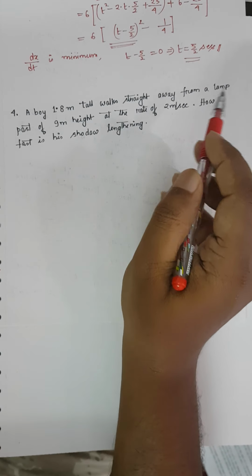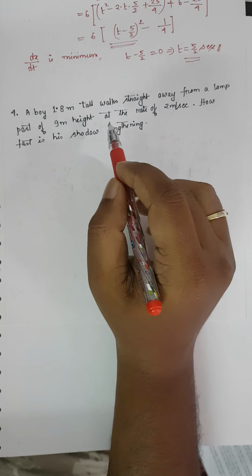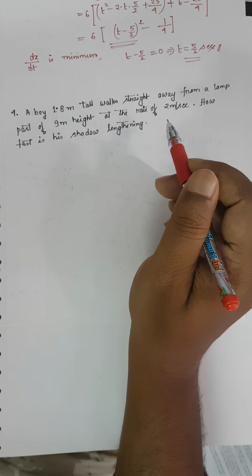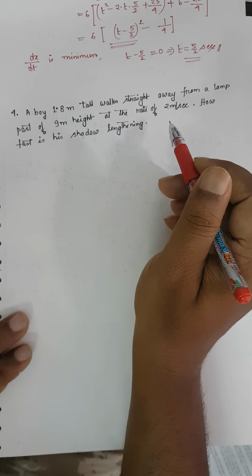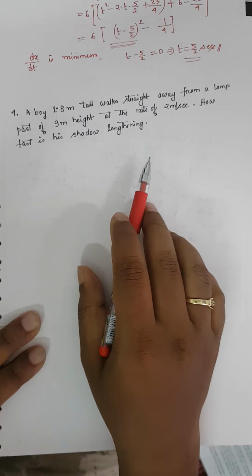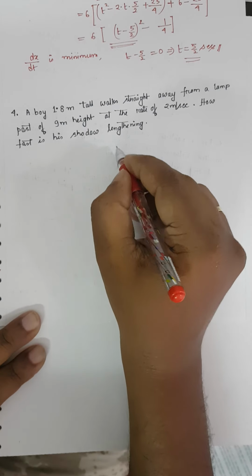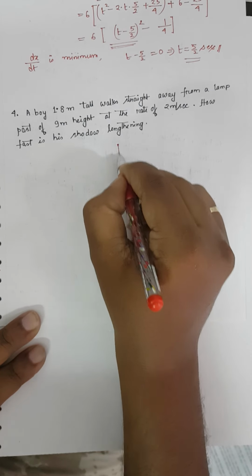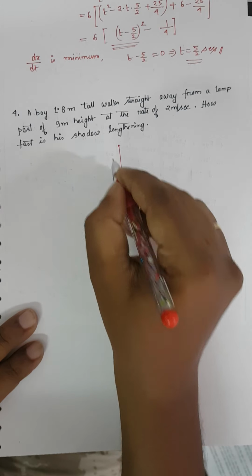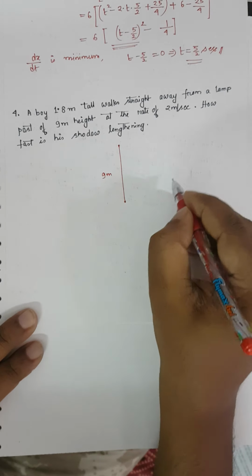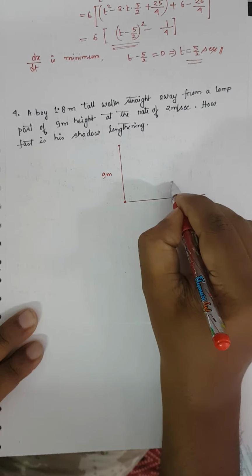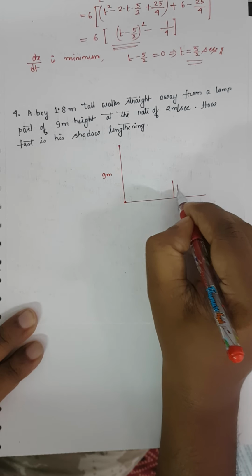The height of the lamp post and the boy, we have to see, these two things are not equal, right? This is 9 meter, this is your height of the lamp post, and this is the boy, this is 1.8 meter tall.